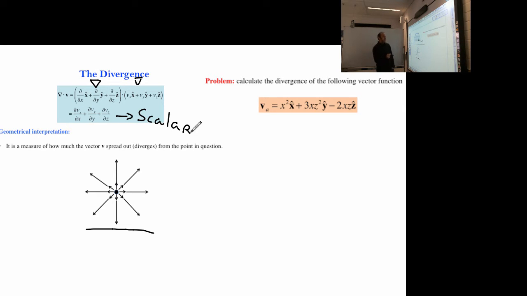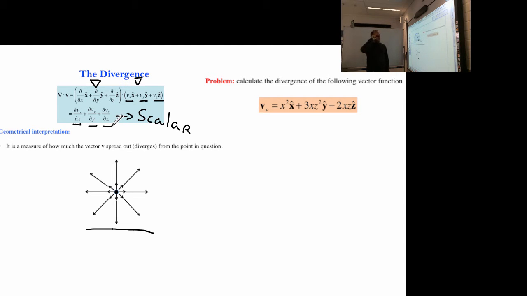Okay, so we take the partial derivative of our Vx component with respect to x, partial derivative of our Vy component with respect to y, and partial derivative of our Vz component with respect to z.